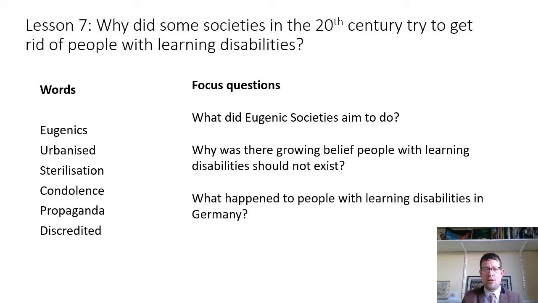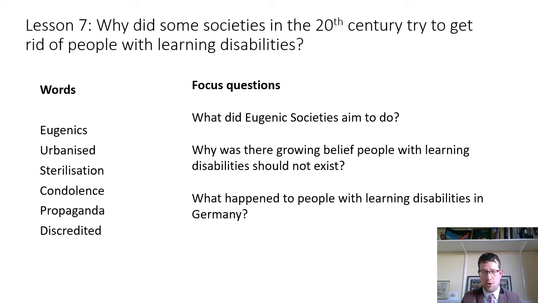It's really important to understand that these ideas were not exclusive to Nazi Germany and did not originate in Nazi Germany. Eugenic societies existed in Britain, existed in America, and were mainstream and influential. Lots of famous people who most of you watching this video would have heard of were members of these societies, but these eugenic ideas are most fully expressed in Nazi Germany.